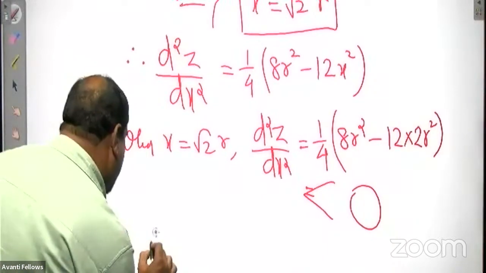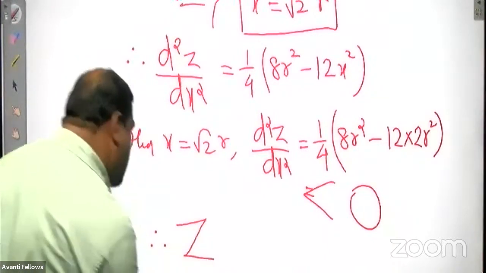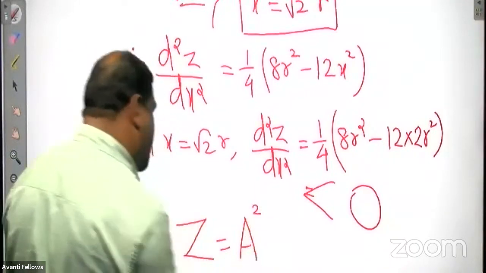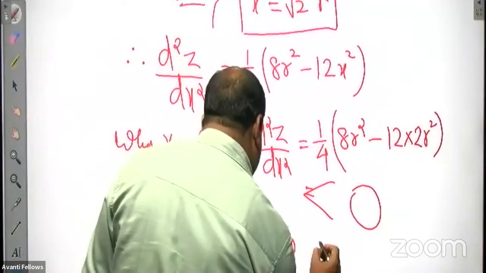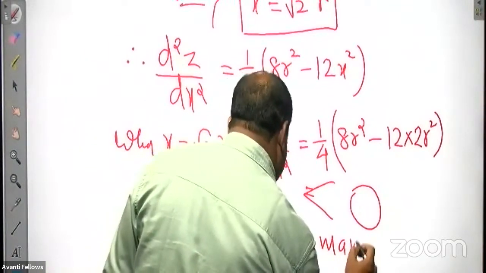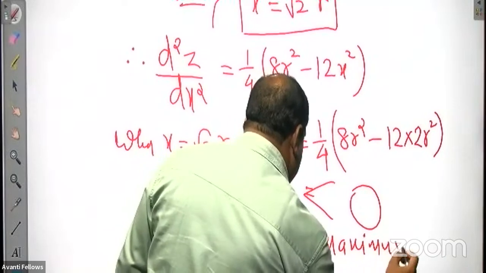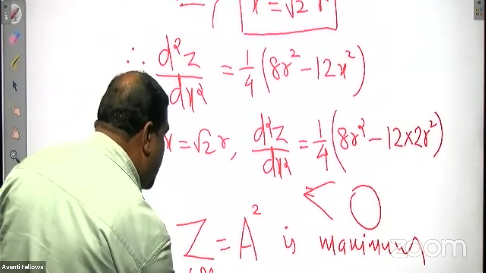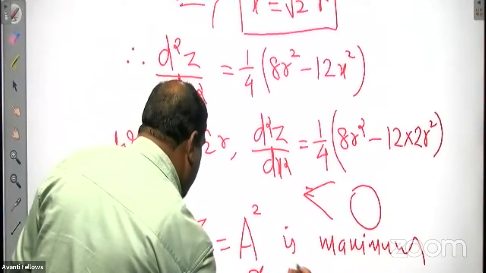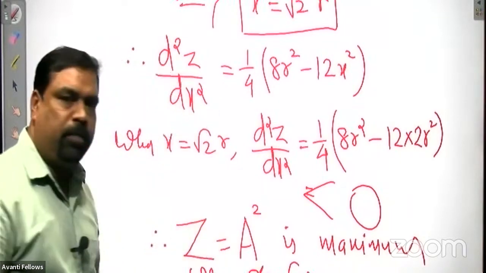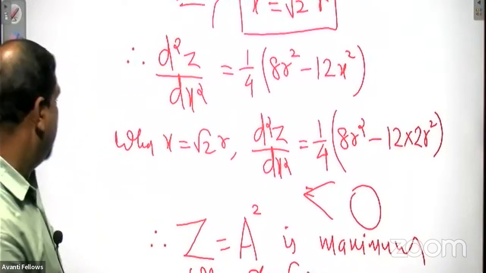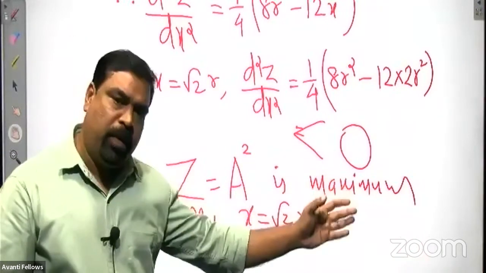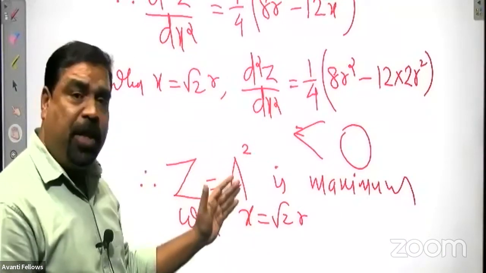So what is the conclusion? Z, remember, that is S square. S square is maximum when x is equal to root 2r. We have differentiated S square actually.